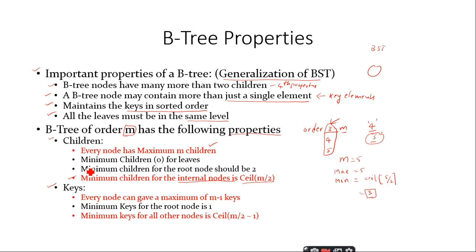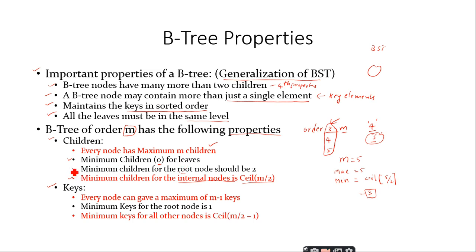Right. So, coming to the other two points, the minimum children is 0 for leaves. We don't bother about leaves and we don't bother about root, right? We are bothered about the maximum and minimum children for the internal nodes. So what is the minimum children for the leaves? 0, sir.